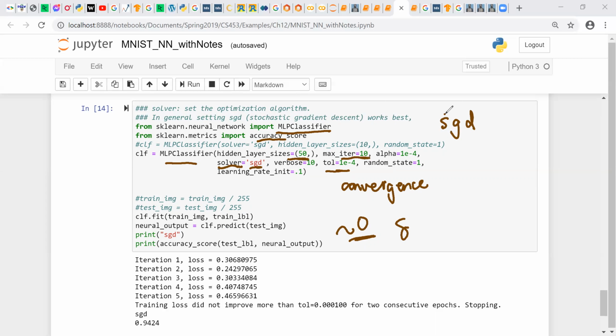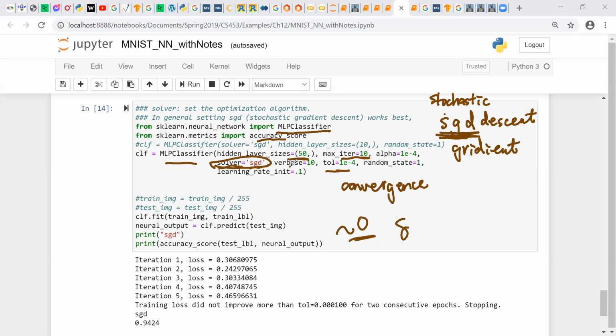So it's stochastic gradient descent. That's what SGD is, and it's one of the solvers.